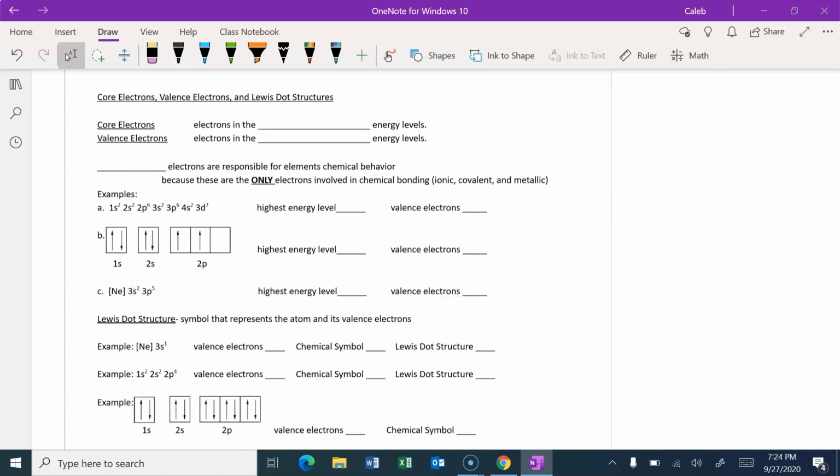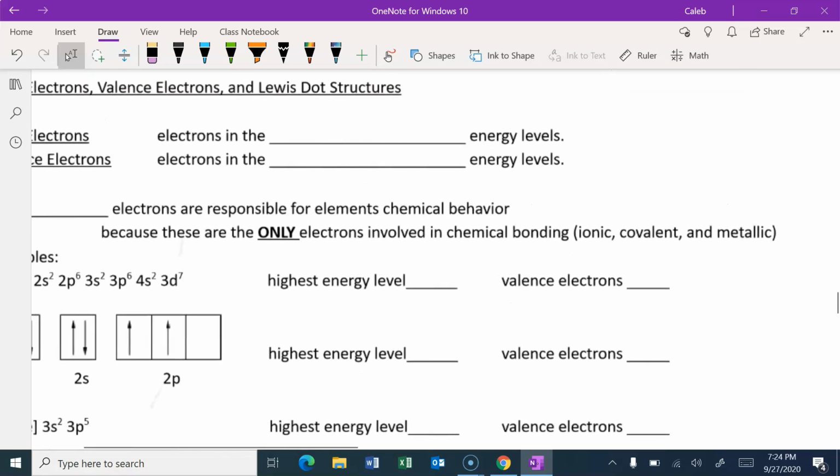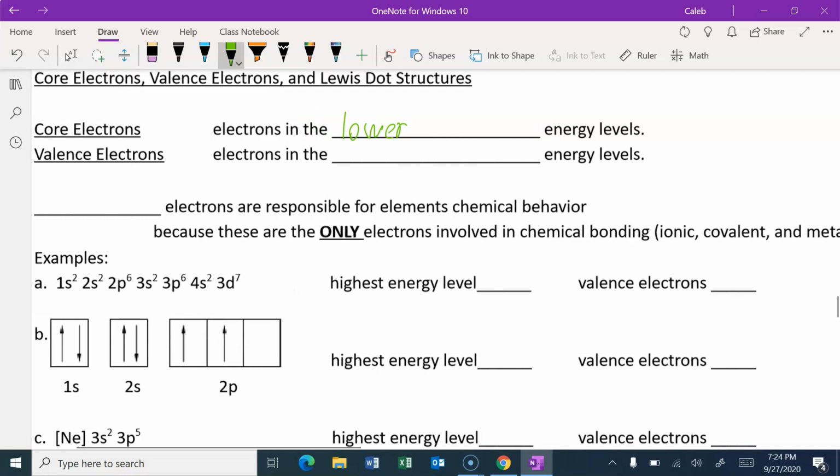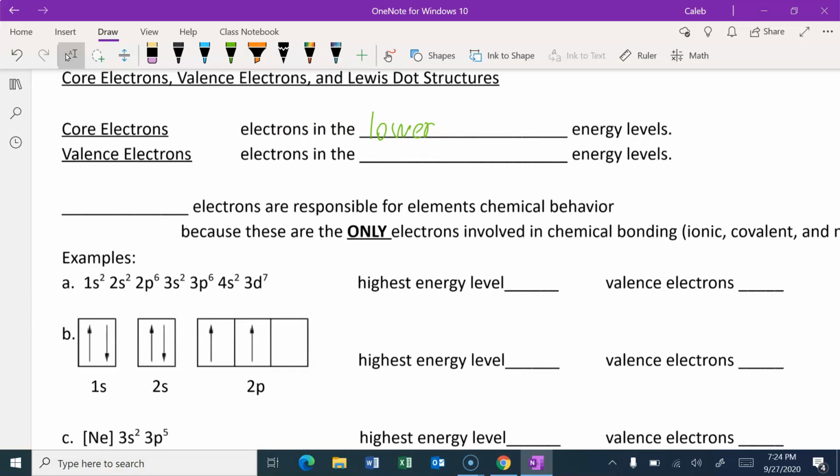So core electrons are electrons that are in the lower energy levels. And the valence electrons are electrons in the outer, or highest actually, energy levels.